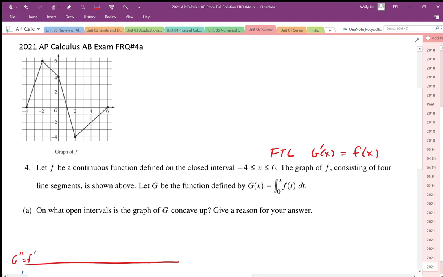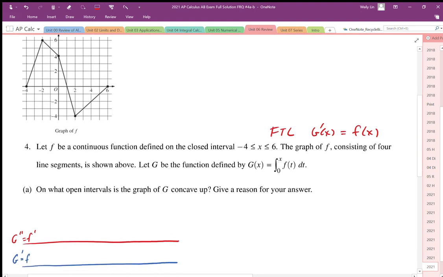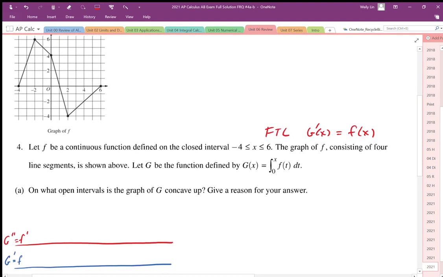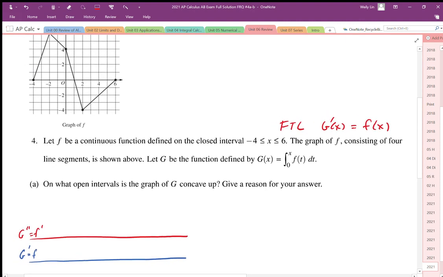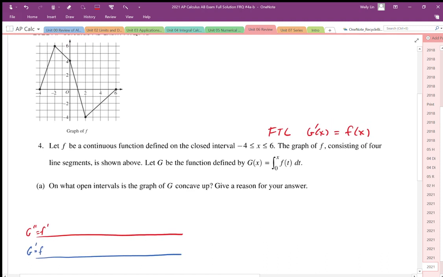Question A says, on what open intervals is the graph of g concave up? And give reasons for your answer. Now, we want to make a concavity and slope chart here to help us justify the answer. When we talk about the concavity, we want the slope of g, or second derivative of g, which also means that it's the first derivative of f.